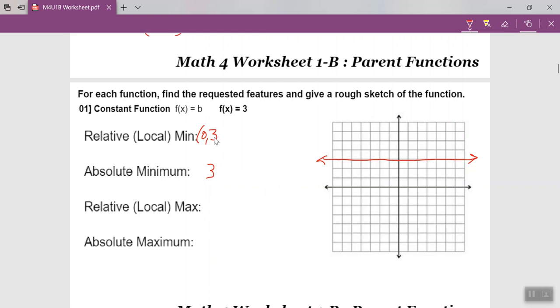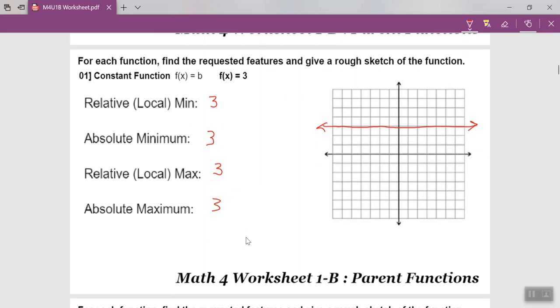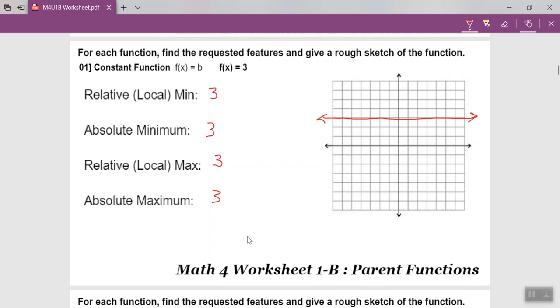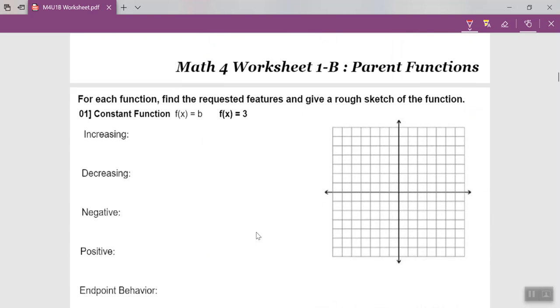Well, I guess there's going to be a number of ordered pairs that would fit this description, but the minimum and the maximum will always turn out to be where y is 3, where the y value is 3. Normally we would try and put ordered pairs where we can, but here everything that has y for a 3, every single ordered pair would count, so we're just going to leave it that way.